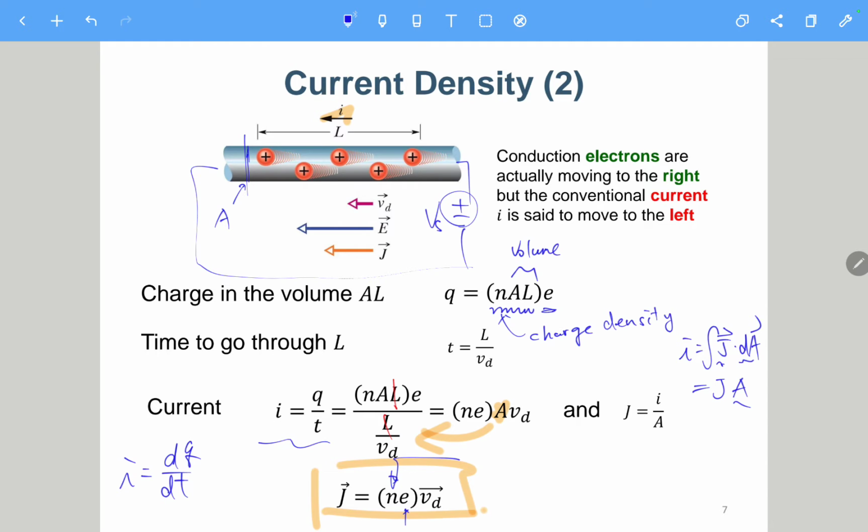Of course, if you change from, say, copper to silver, then this N will change. But suppose this is a fixed material, then this whole term should be a constant. And then it tells you that the current density is proportional to the velocity of the charge.